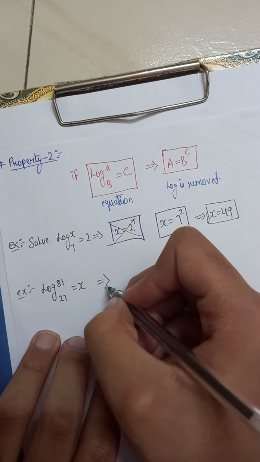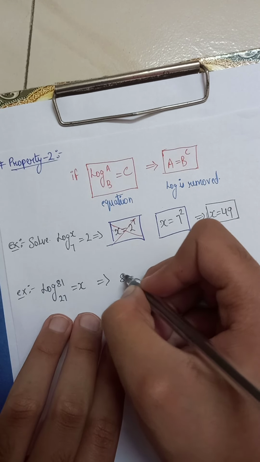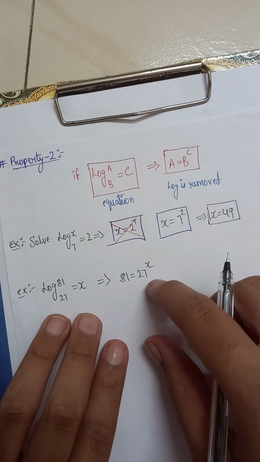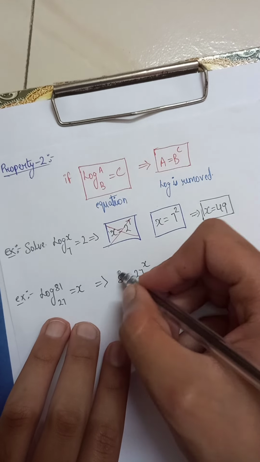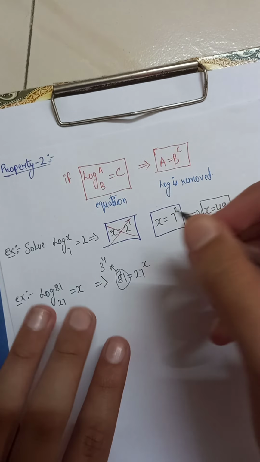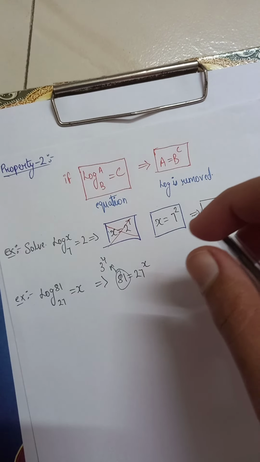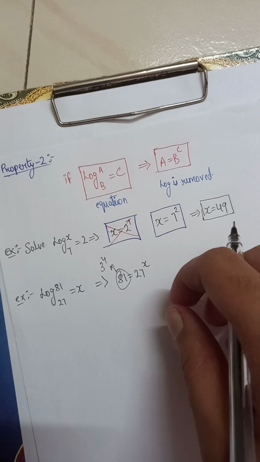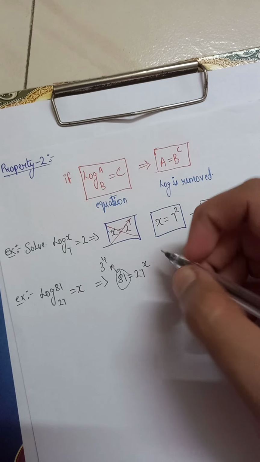Comparing with the property, you get 81 is equal to 27 power x. As you know, 81 is actually 3 multiplied 4 times. That is, 3 3s are 9, 9 3s are 27, 27 3s are 81.